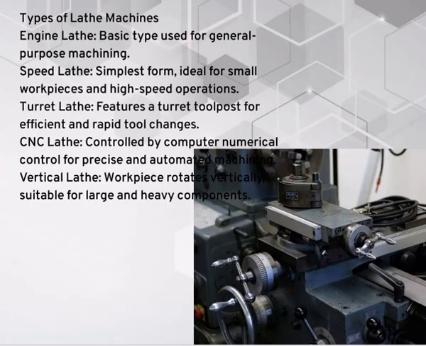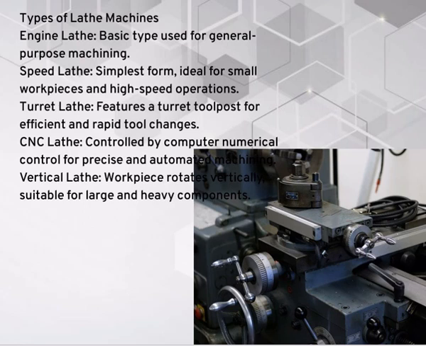As we continue, I want us to know the types of lathe machines. There is the engine lathe, which is the basic type and is used for general-purpose machining. There is also the speed lathe, the simplest form, ideal for small workpieces and high-speed operation. There is the turret lathe, which features a turret tool post for efficient and rapid tool changes.